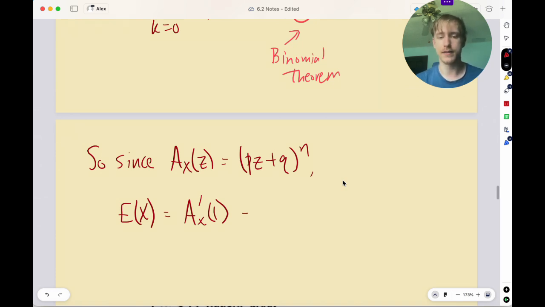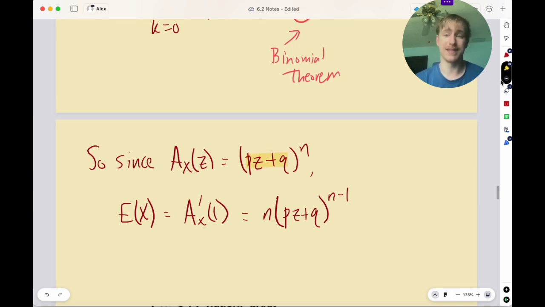If complex analysis is not your forte, then just differentiate this good old Calc 1 style. So bring the n down, take it times the inside, raised to the n minus 1, and then the chain rule says that you do have to differentiate the inside. Okay, but all of this, the derivative, it's linear. The derivative of that is just the coefficient of z, which is p. So that's what we get evaluated at z equals 1.